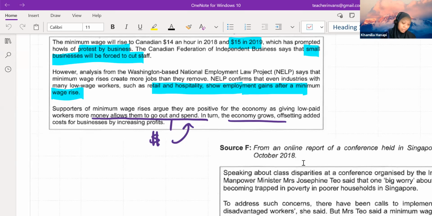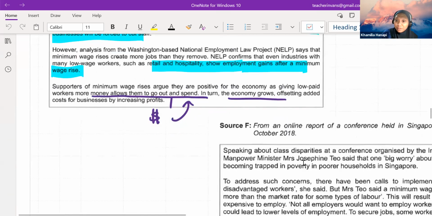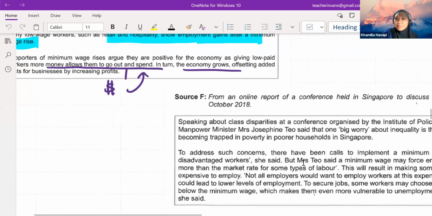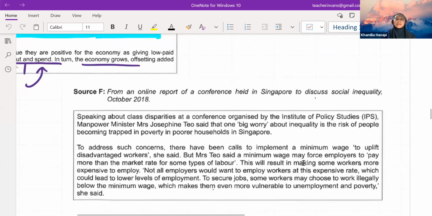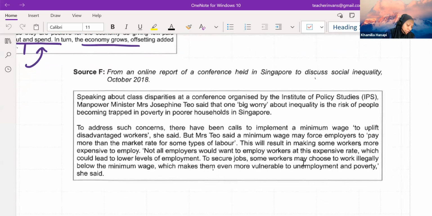But let's look at source F. Remember source F? We talked about source F, right? Source F doesn't seem to agree that having a minimum wage actually increases the standard of living of people. If you look very carefully, she has a worry. She is worried that just by having this minimum wage law, not all employers want to pay.